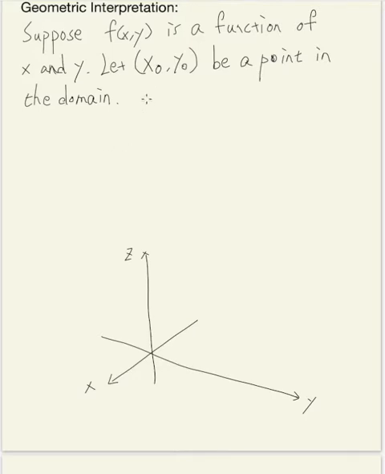Okay, first let z equal f of x and y. That way we use f to represent the height, and x and y are coordinates on the flat surface. So we turn this into a three-dimensional space, and f of x, y now becomes a surface, because for each point x and y you get a height, and that's exactly what a surface is.